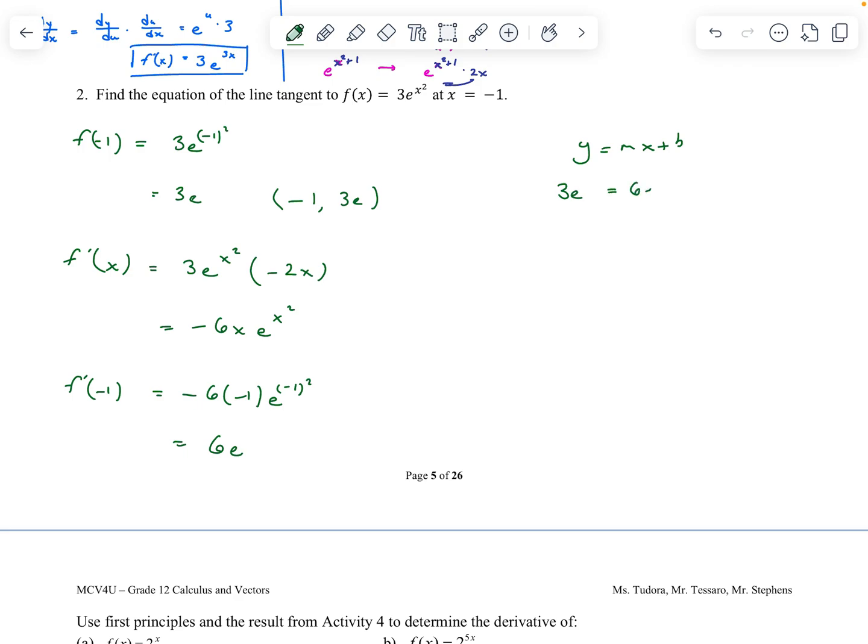The slope is 6e. The x value is negative 1. Am I right? If I'm wrong, I'll fix it later. And there's the equation of the tangent.